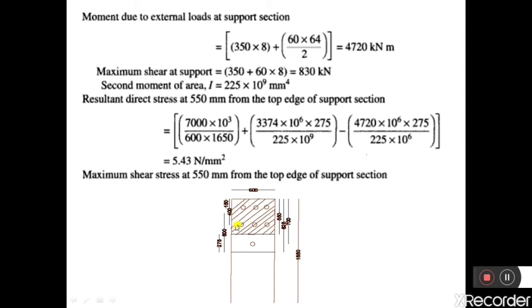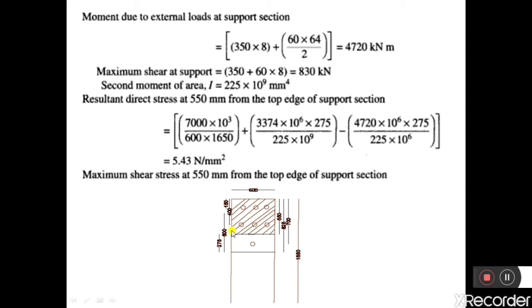So from here to here the distance is 400 millimeter, and one cable is located at a distance of 700 mm from the top edge of the member. So this is the last cable, which is located at a distance of 700 millimeter from the top edge. From here to the CG of the cable, the distance is 700 millimeter.